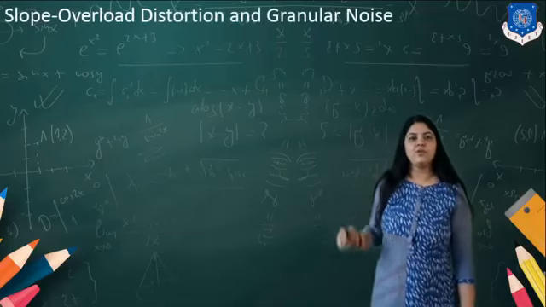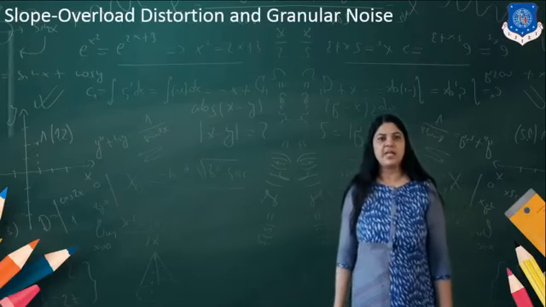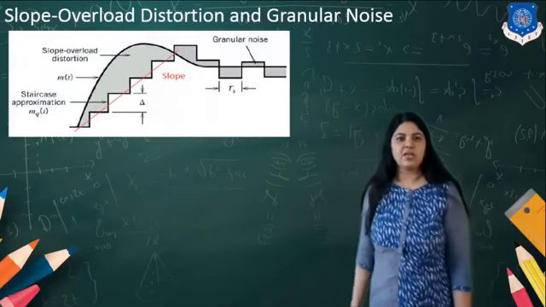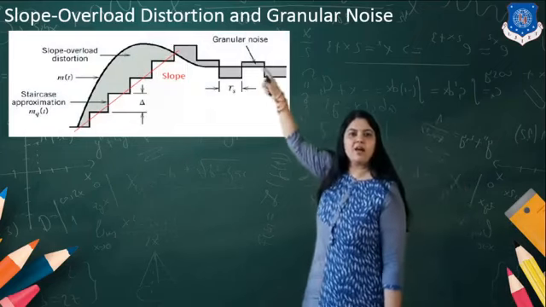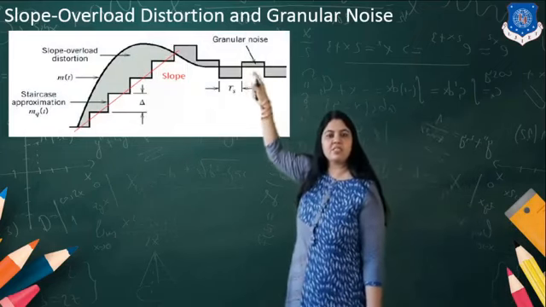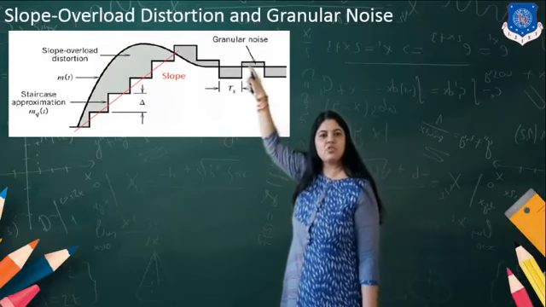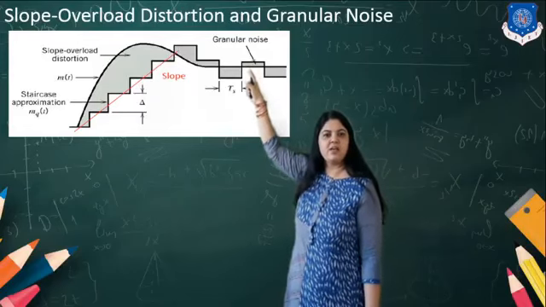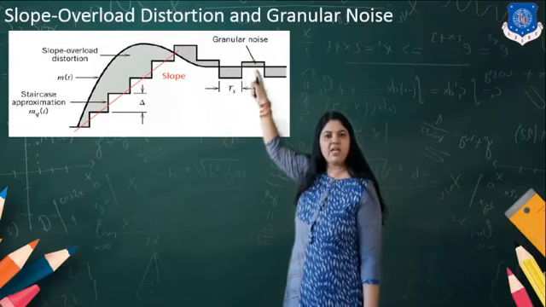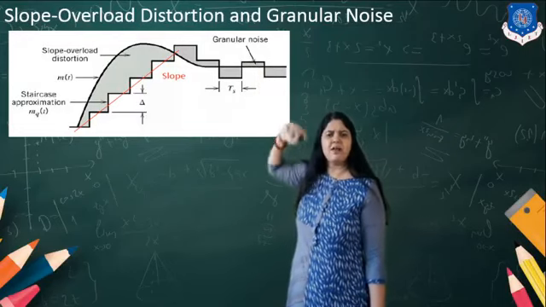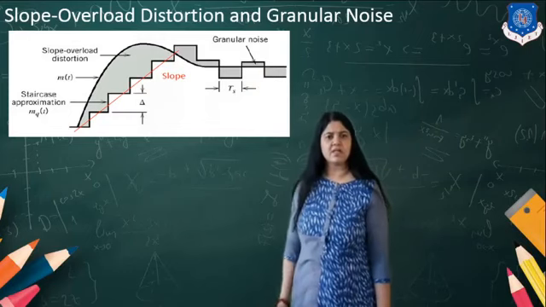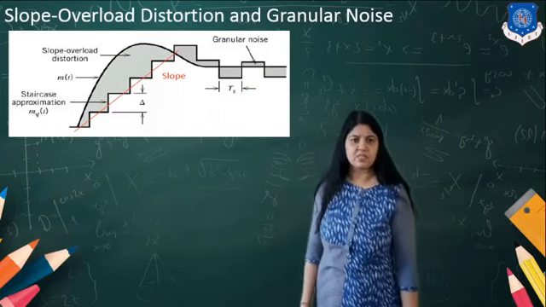Slope overload distortion and granular noise. Here you have the granular noise, meaning this signal overcomes to this part of the signal. Again we don't have the original signal back; there is a variation between these two signals, so that produces the noise.